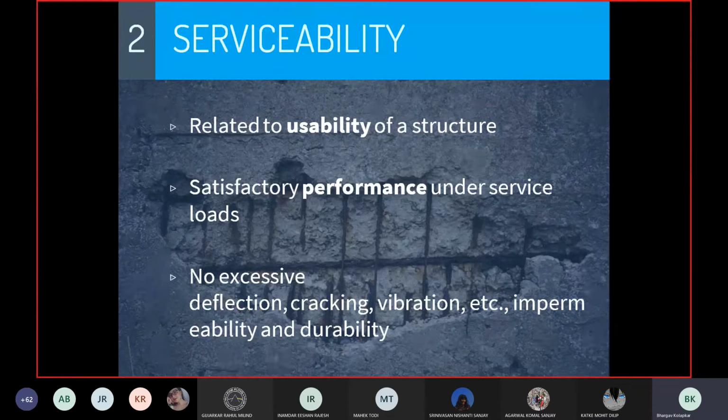So the structure has to be resistant to vibration, and you make sure that vibration does not affect the serviceability of the structure. Perhaps one thing that I've not added here and I should have is fire resistance. Very important. Yeah. So fire resistance is important and it is an increasing concern, especially in all the metropolitan cities.